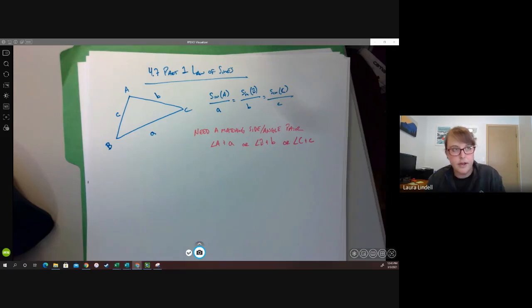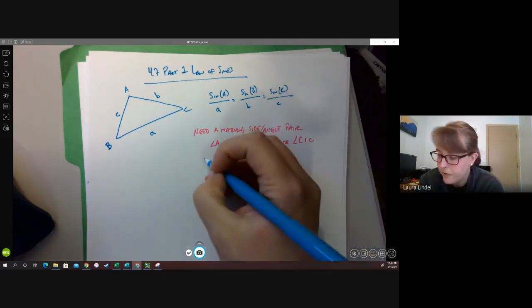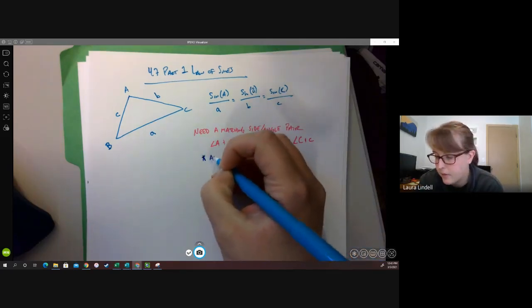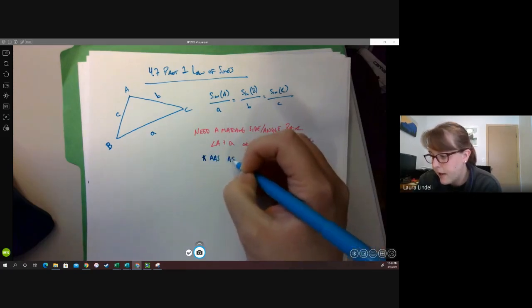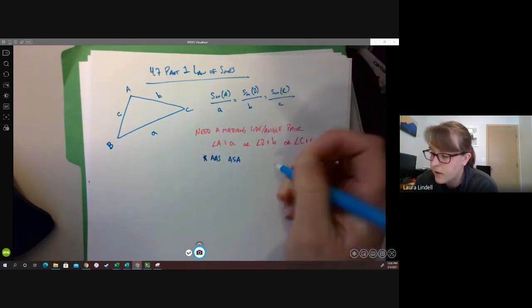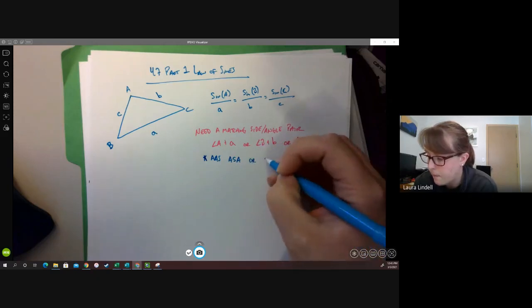If you remember all the way back to geometry, you had those triangle congruence theorems, like angle, angle, side, or angle, side, angle, and side, angle, side, and all that good stuff. The cases where you can use law of sines are going to be the angle, angle, side case, the angle, side, angle case, or the side, side, angle case.